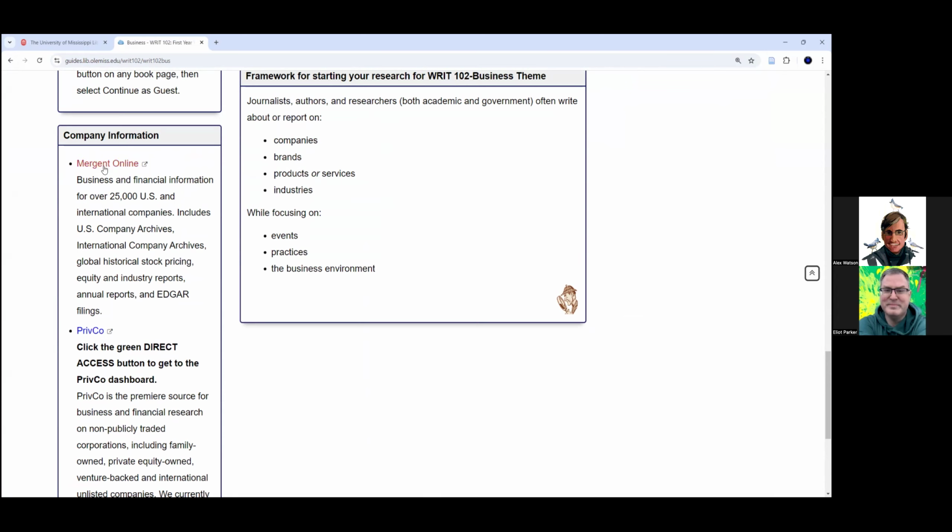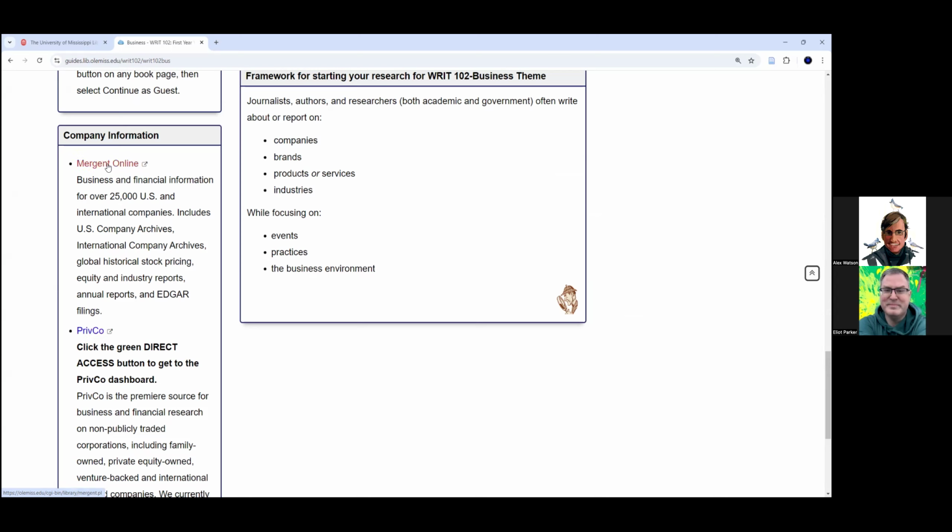Your two options are Mergent and Privco, and those are for the two different types of companies that you're likely to see. Mergent is for publicly traded companies, companies that are on the stock market. Privco, as the name suggests, is for privately held companies, companies that are wholly owned by a person or a few people, and therefore are not public, don't trade in shares, and have much less obligation to reveal information.